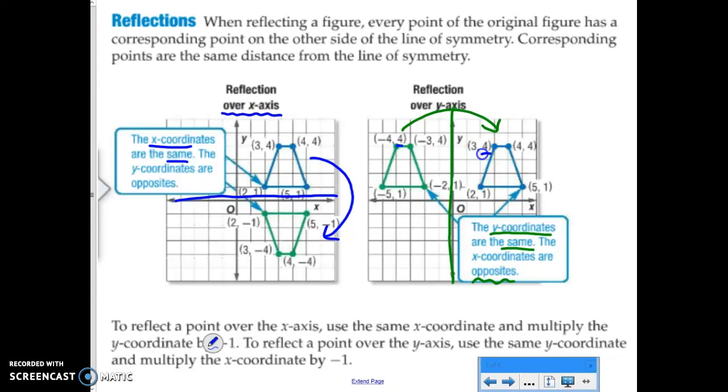So over here, 4 and 4 stay the same. 4 and 4 stay the same for that second point. 1 and 1 stay the same. And 1 and 1 over here stay the same. So taking a look right now, if I multiply that x by -1, this point corresponds to this point right here. And if I take my original point, which is -5, and I multiply it by -1, I come up with a +5.